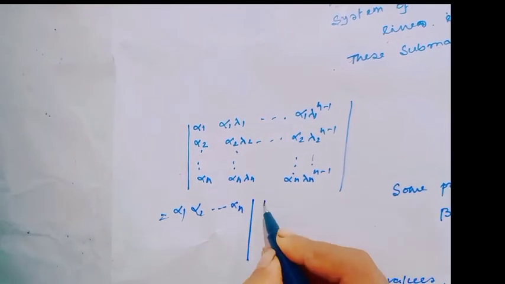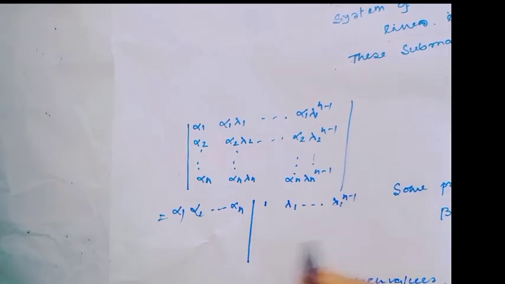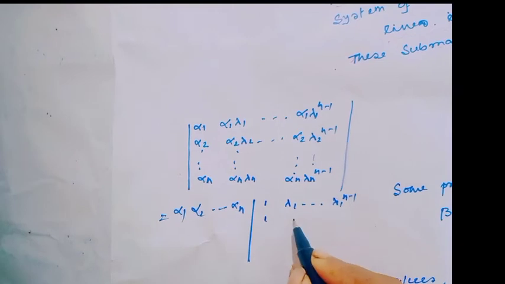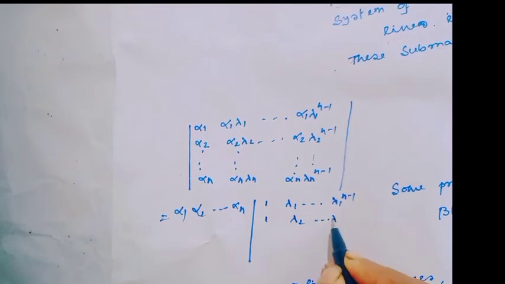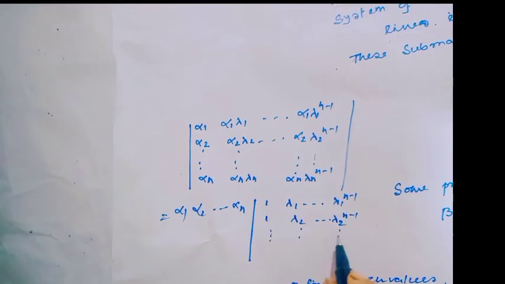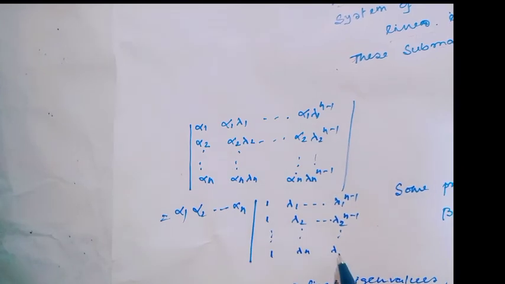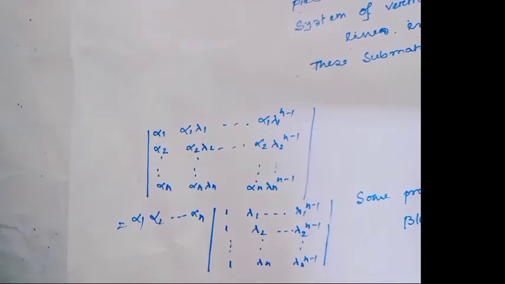Then this would be 1, lambda 1 up to lambda 1 to the power n minus 1; here would be 1, lambda 2 up to lambda 2 to the power n minus 1; and this continues, here would be 1, lambda n up to lambda n to the power n minus 1, and this determinant is a nice determinant.